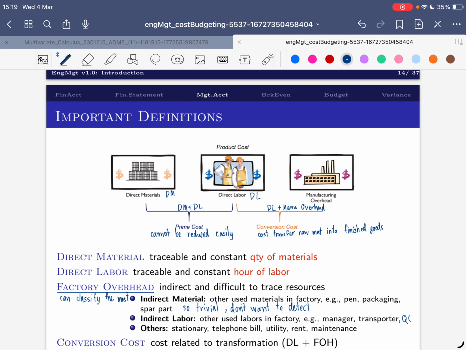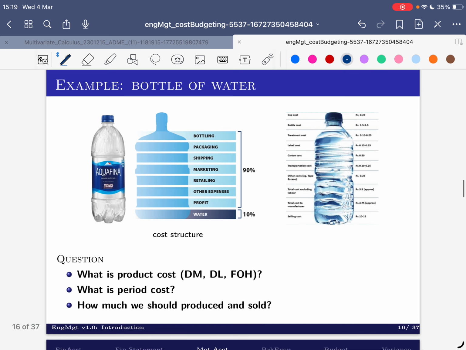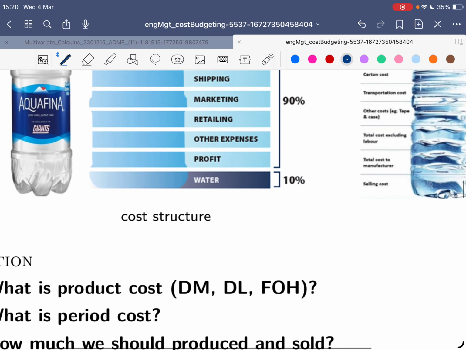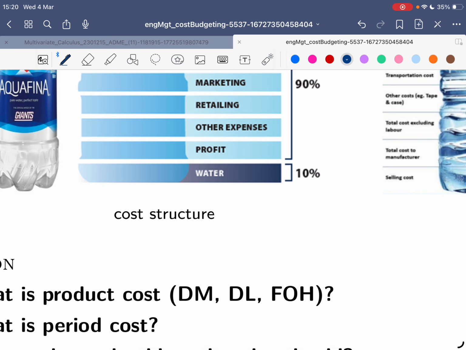And my question is, based on the video, based on what you're understanding, I have certain questions. What are the materials? Look at the bottle of water. What are the materials?